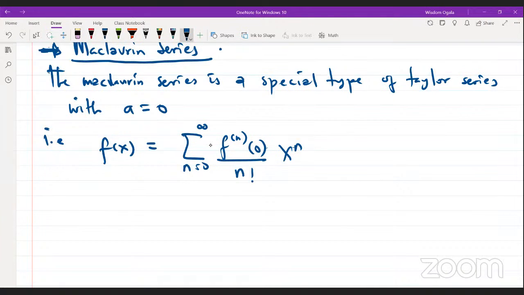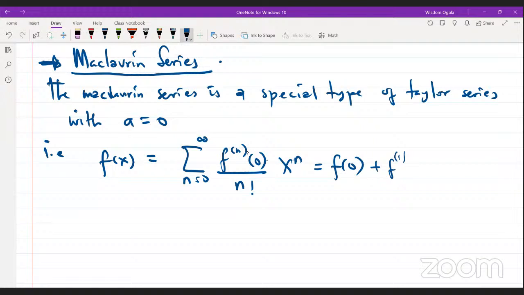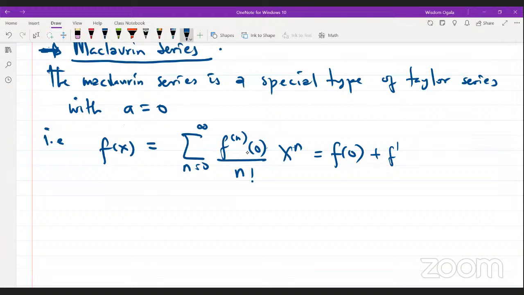Now, if you want to spread things out in this case, when n is 0, you have f of 0 divided by 0 factorial, which is 1. So you don't have to bother about this part because 0 factorial is 1. Plus f prime of 0 divided by 1 factorial times x, plus f double prime of 0 times x squared divided by 2 factorial, and so on.